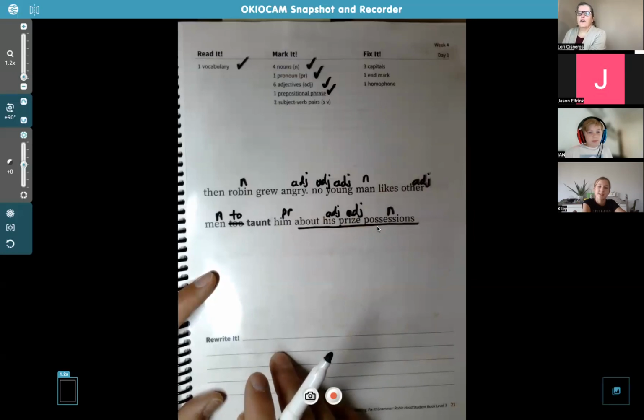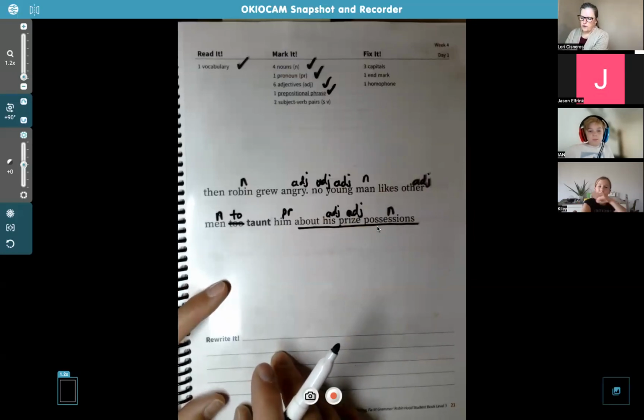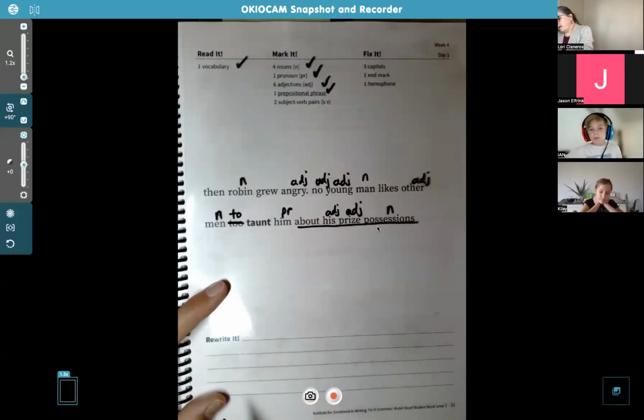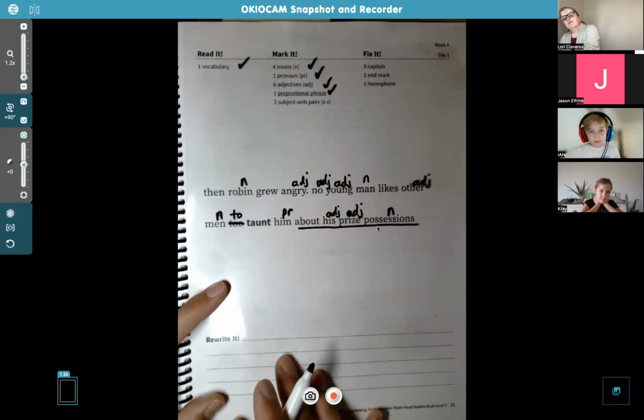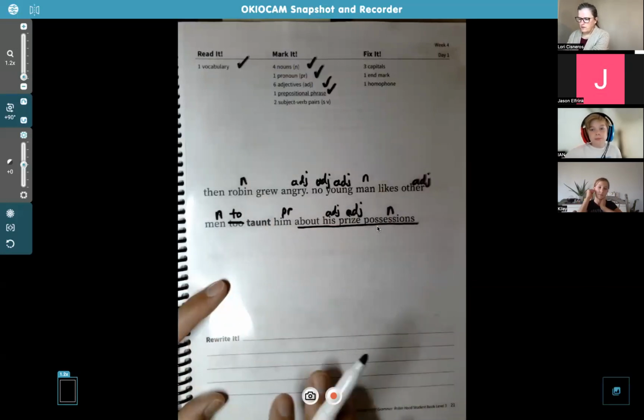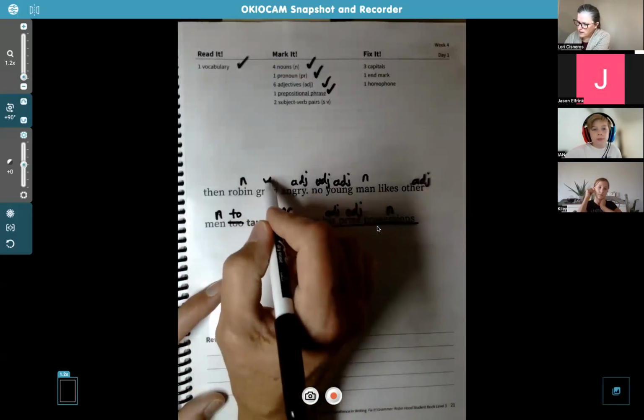And now we're going to move on to verbs. So I'm going to see, Ian, can you help us find the action words, like verbs in this sentence? See any verbs in there? So not ones that already have a label. So look for the words that don't have a label. Grew, yes, that's one.